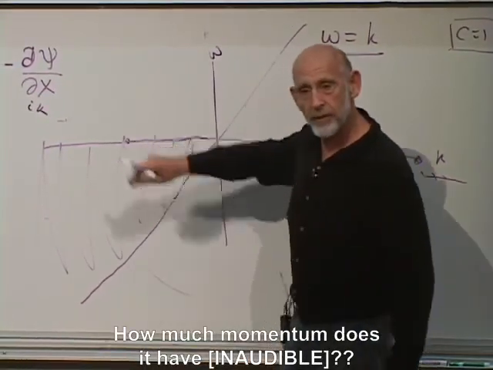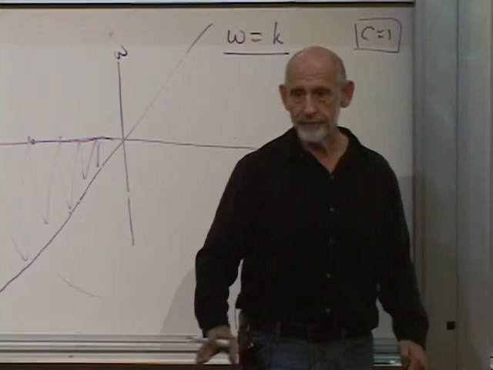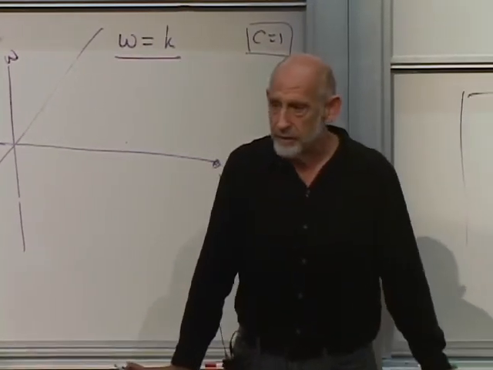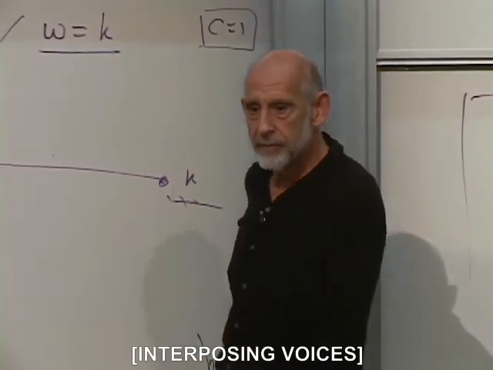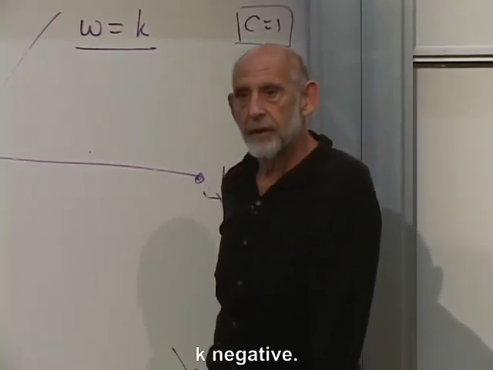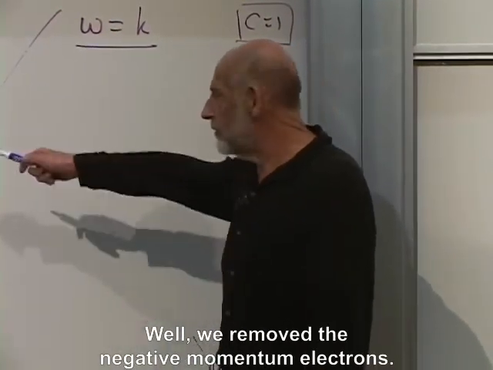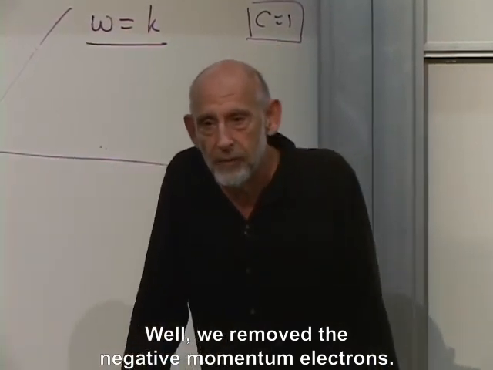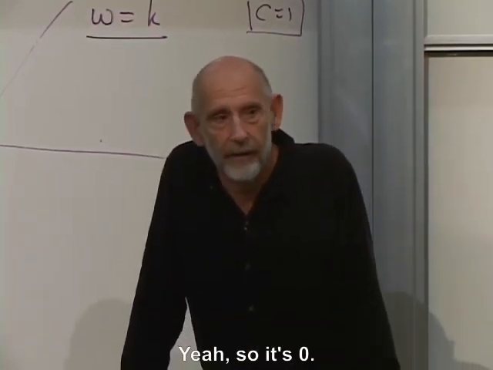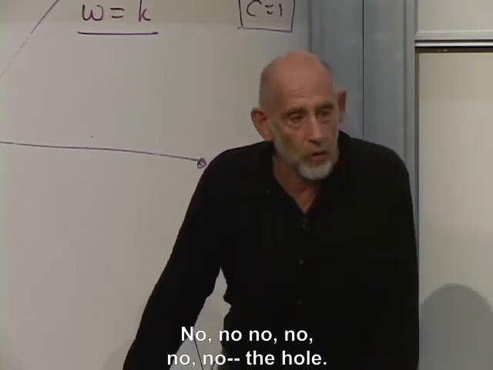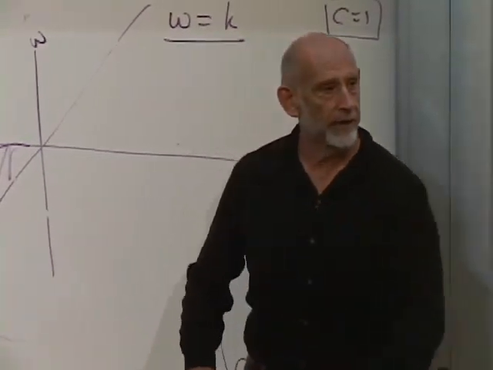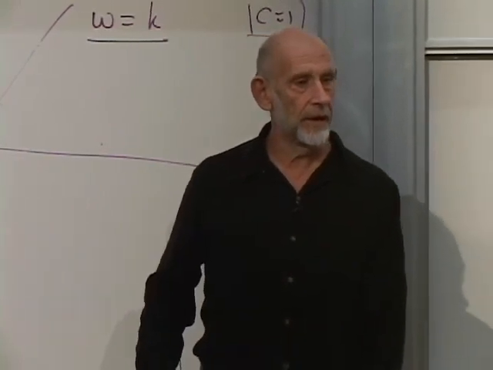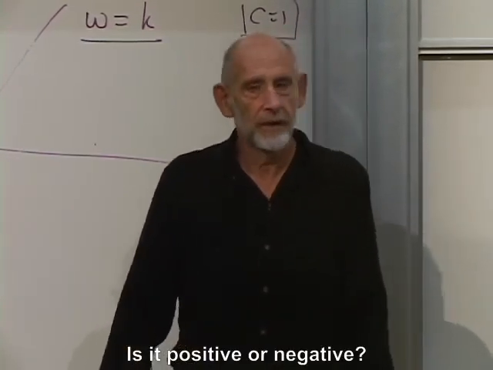Well, how much momentum does it have, incidentally? K is negative, so, well, we remove the negative momentum electrons. The hole, how much momentum does the hole have? Positive. Is it positive or negative? Positive.